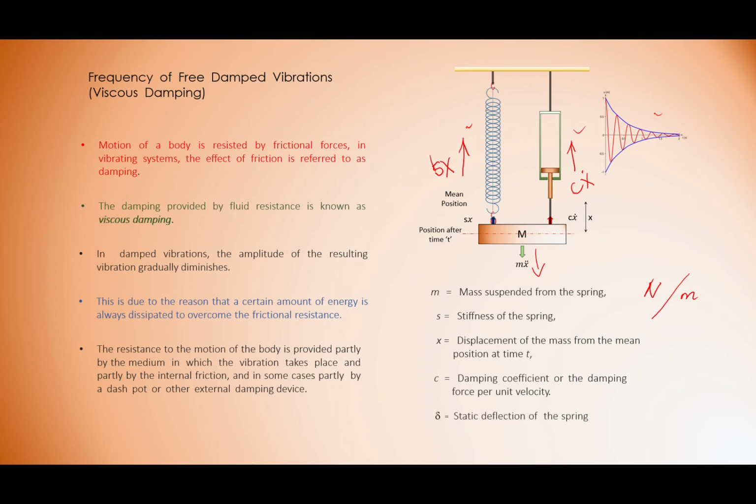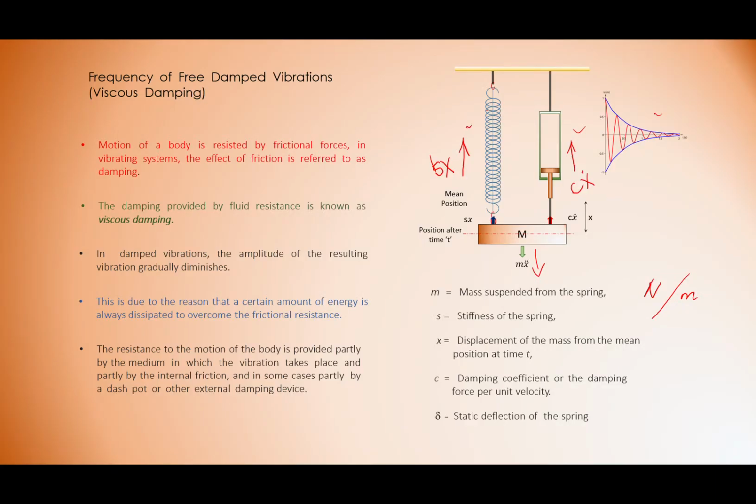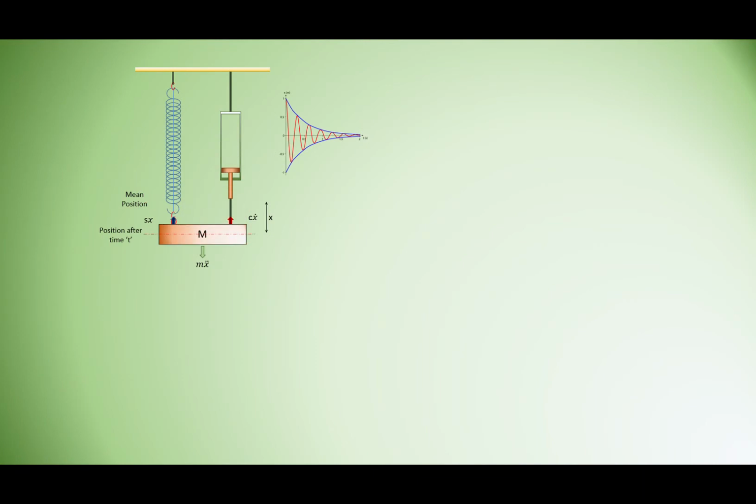Now delta is the static deflection of the spring. So based on this, you can see the oscillation.